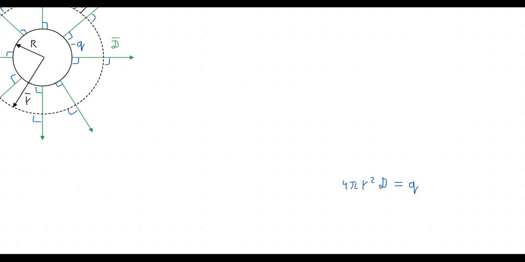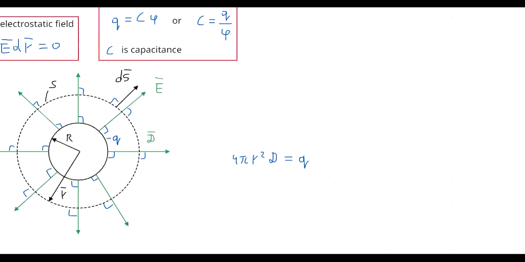From here we have that D is equal to Q divided by 4 pi r squared. And this situation is the same as for the field of a point charge.